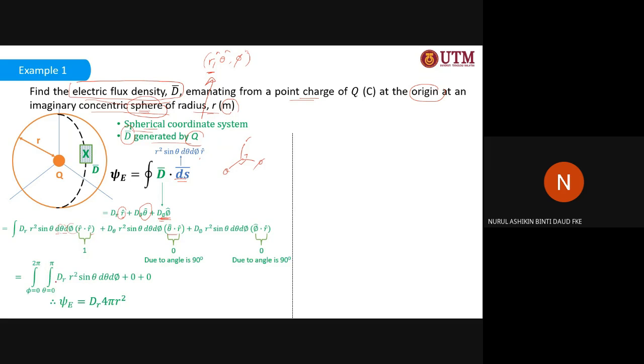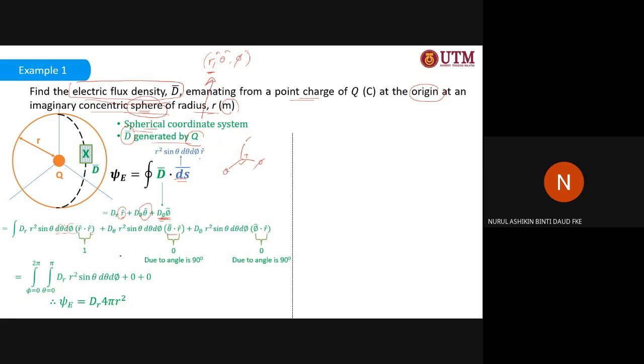First the limit for theta. The limit for theta is from 0 to pi, and then the limit for phi is from 0 to 2 pi. If you solve this equation, you will get the electric flux. For this, it will be Dr times 4 pi r squared.